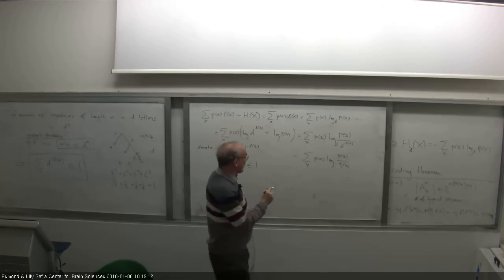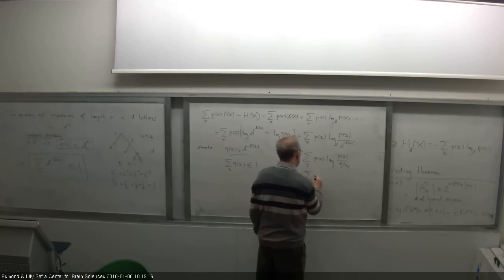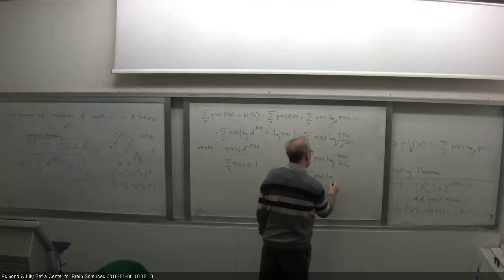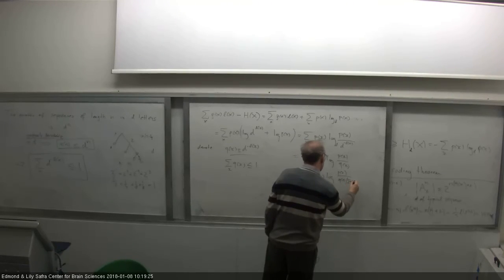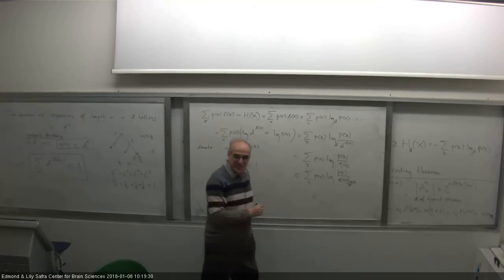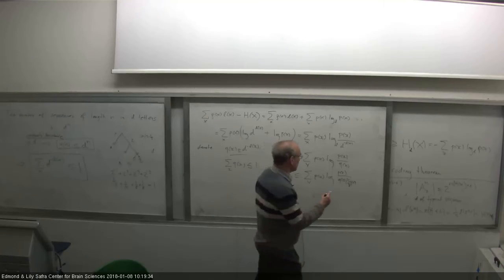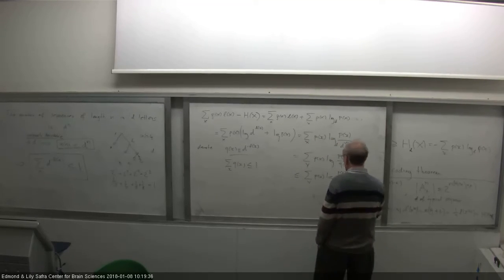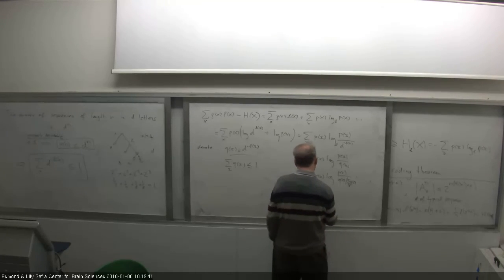So this is less than the sum over all the x's of px log of px over qx divided by the sum of qx, which is just the Kraft normalization, because I added a positive number, but this is greater than 0 because it's the DKL. So this is the D of P and Q normalized.